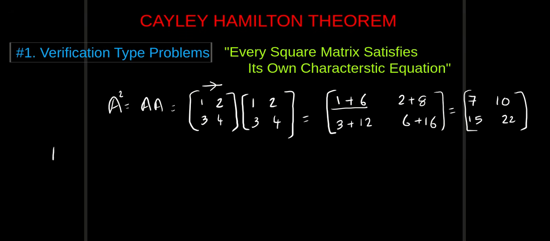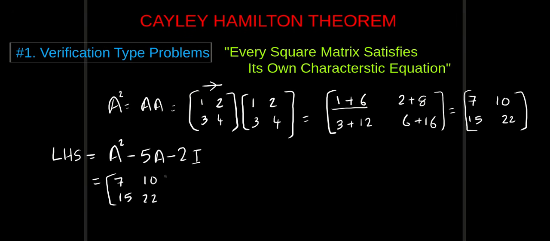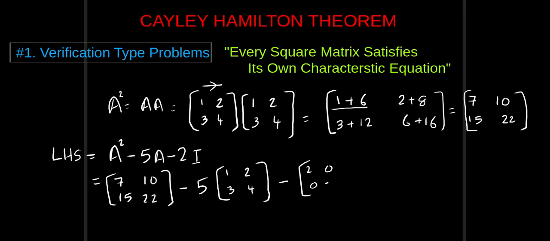Now let's write LHS. So LHS equal to A square minus 5 into A minus 2 into I, and that is equal to 7, 10, 15, 22 minus 5 into 1, 2, 3, 4 and 2I. 2I is 2, 0, 0, 2.